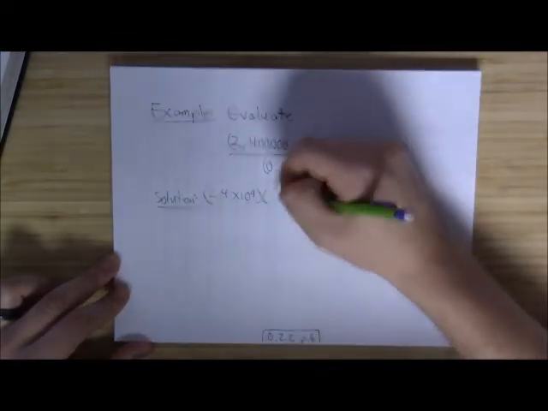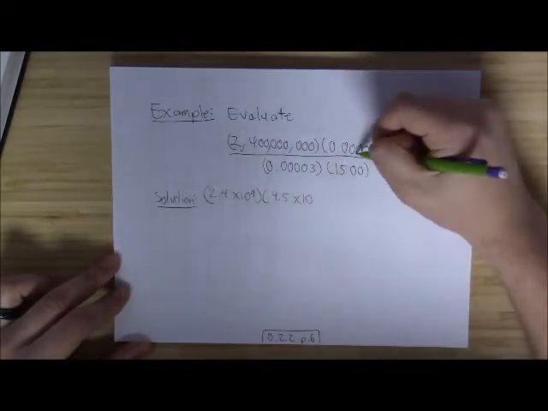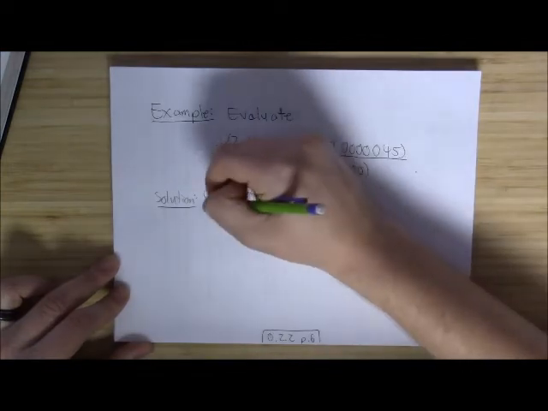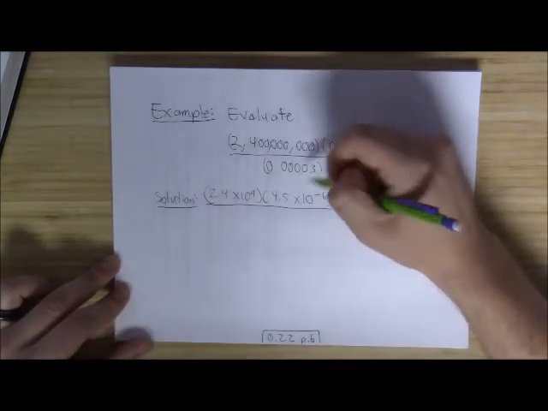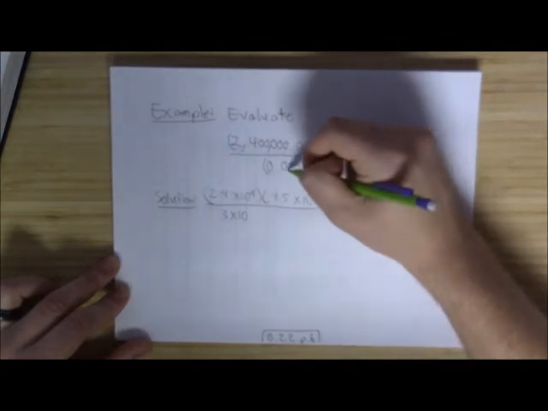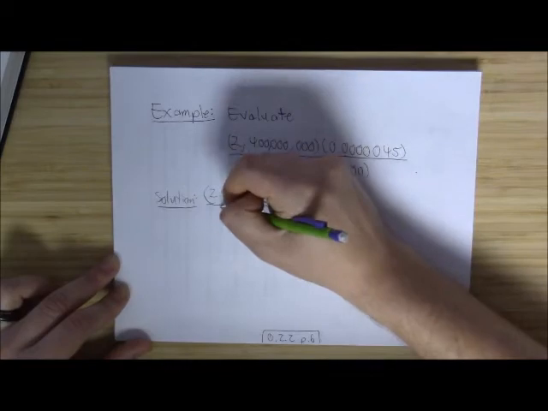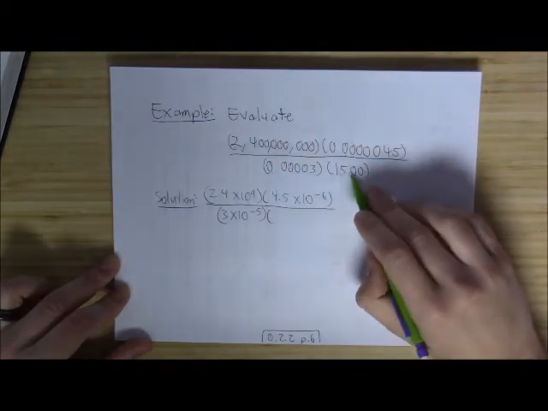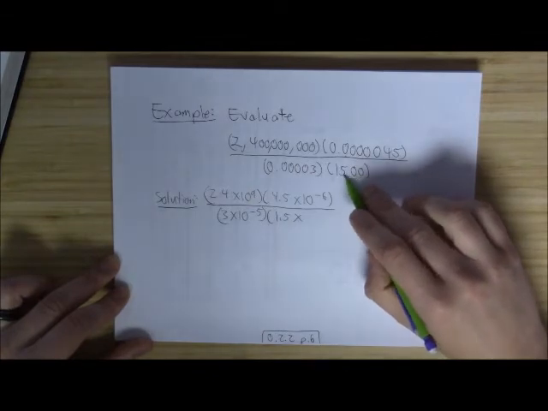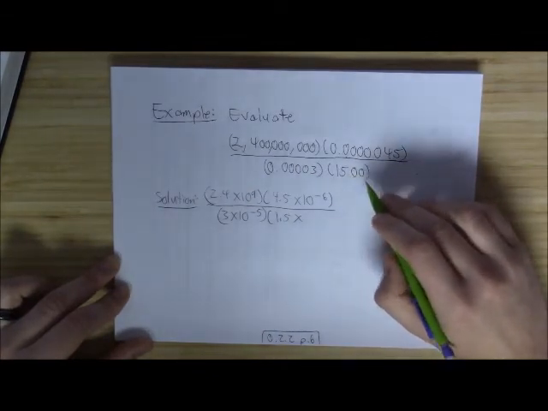This is 4.5 times 10 to the negative 6th. This is 3 times 10 to the negative 5th. And this is 1.5 times 10 to the 3rd.